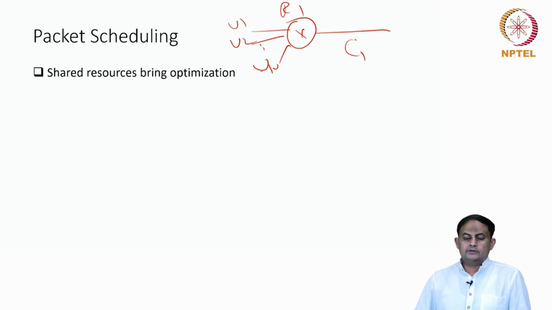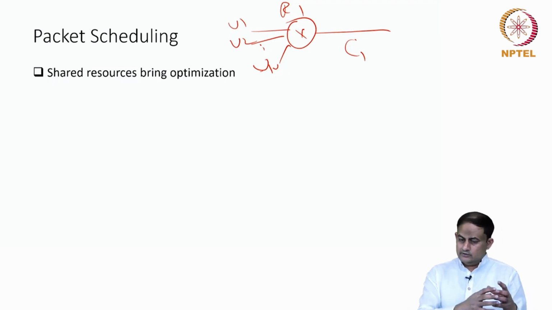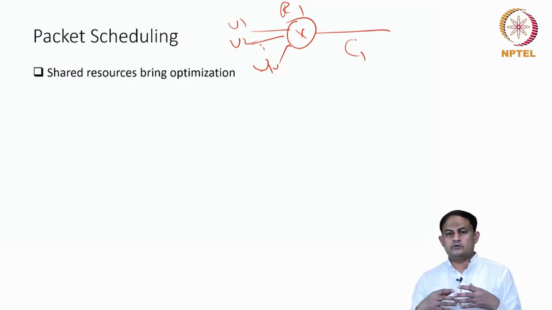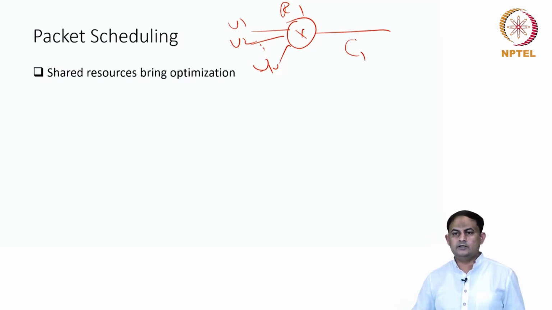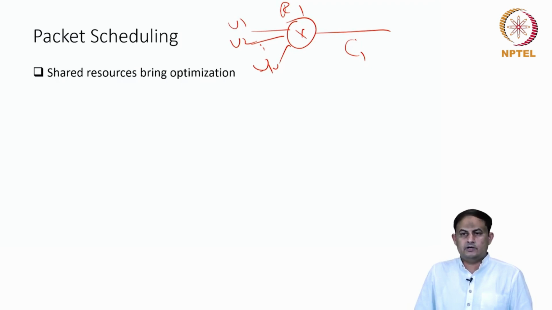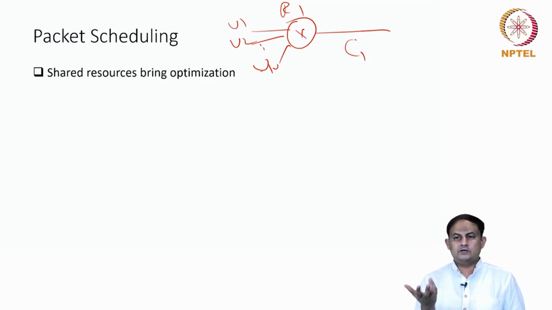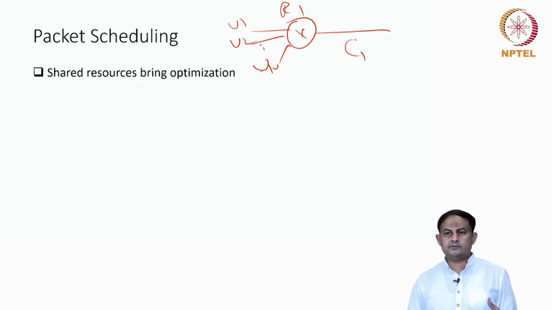One thing is that by sharing the outgoing link, you are optimizing the utilization of the available resources. On the same capacity link, when user U1 is not transmitting, user U2 is able to use it. When both user 1 and 2 are not transmitting, the remaining 8 users share that capacity. Assuming at any point of time only one user among the 10 is transmitting, he gets the complete share.